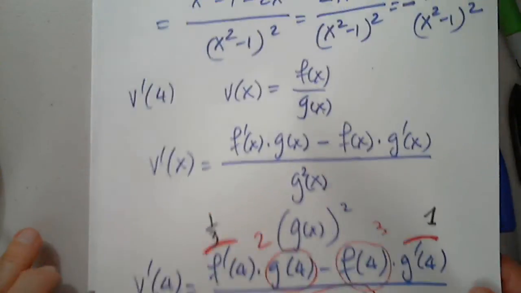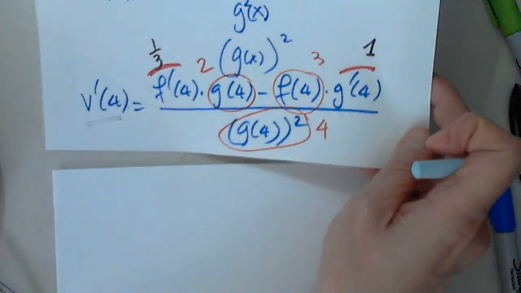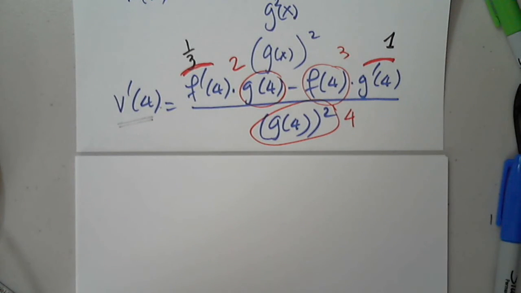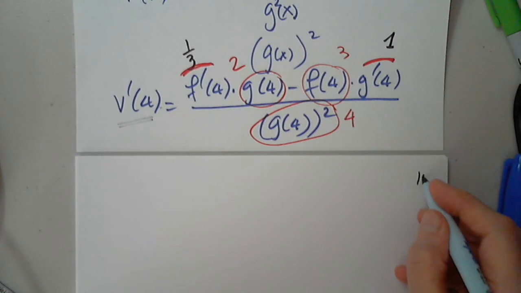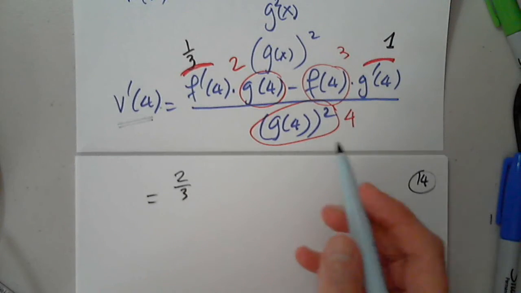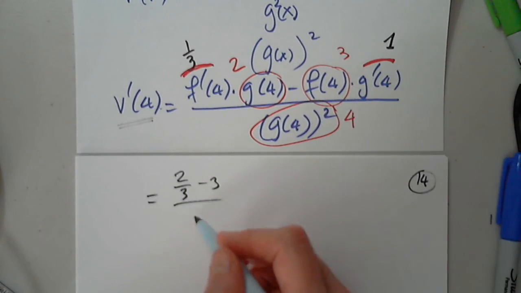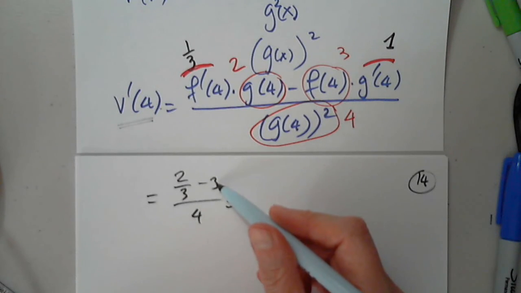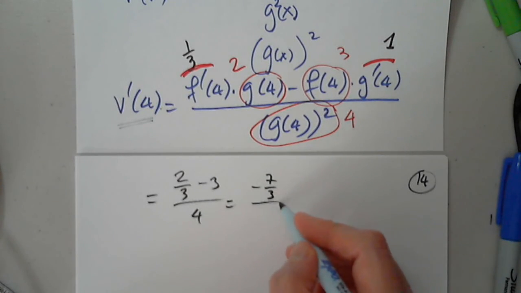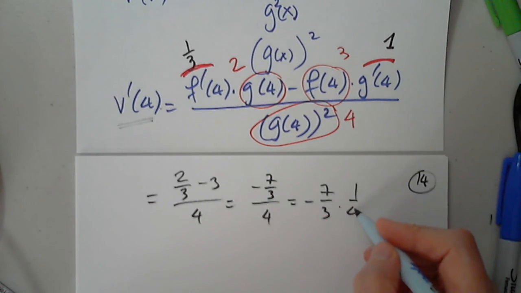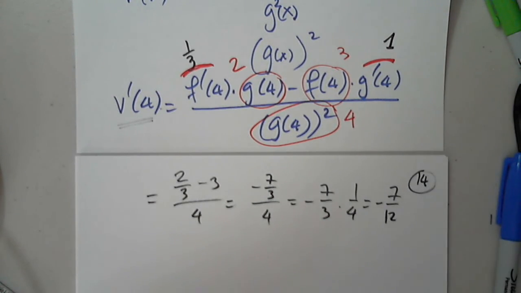There were not all sorts of other functions in which this would have been more difficult, as we did today with so many. So I have 2 over 3 and minus 3 over 4. So the numerator is -7/3 over 4, and I flip, times 1 over 4, -7 over 12.